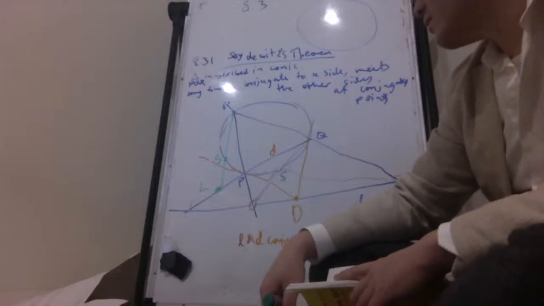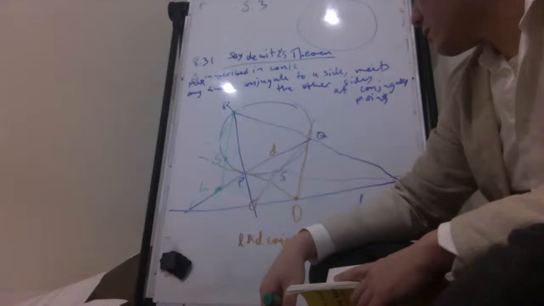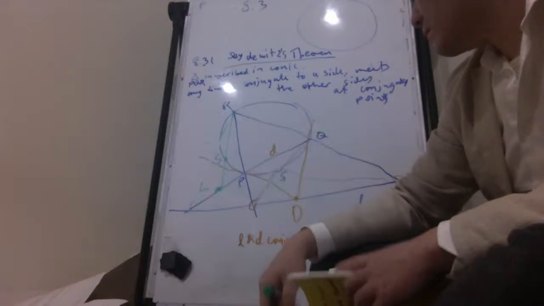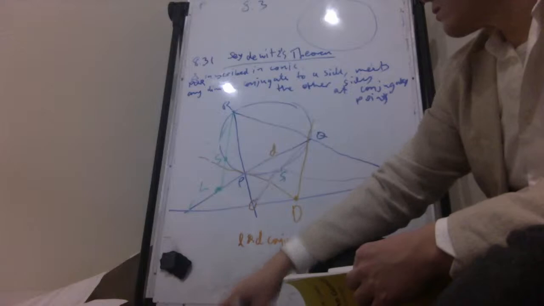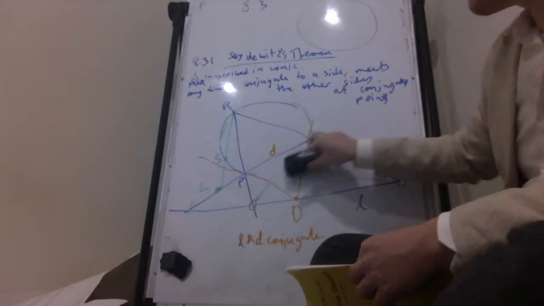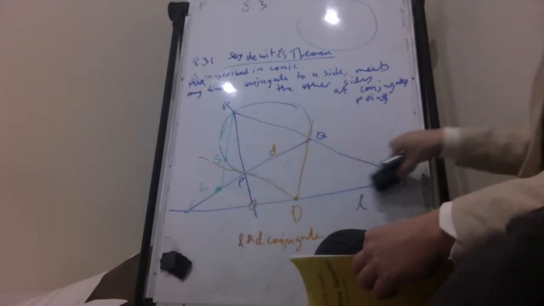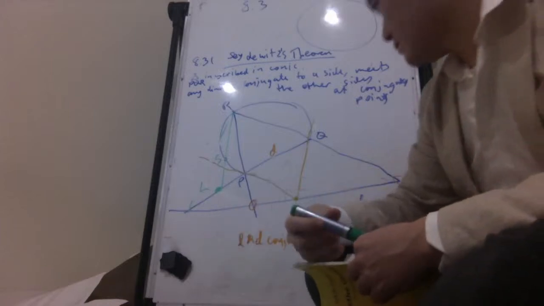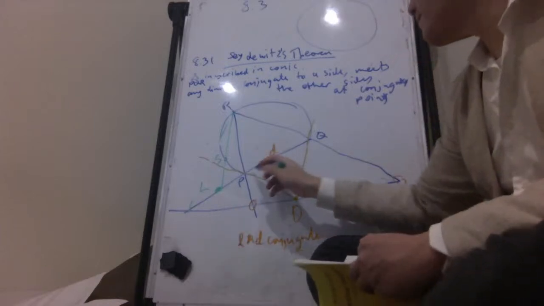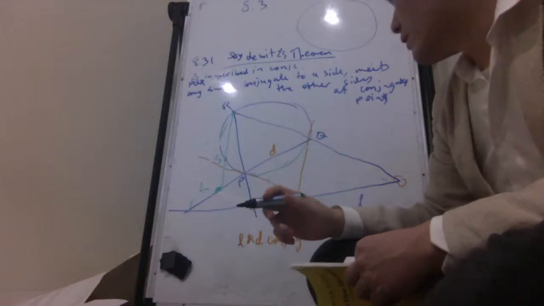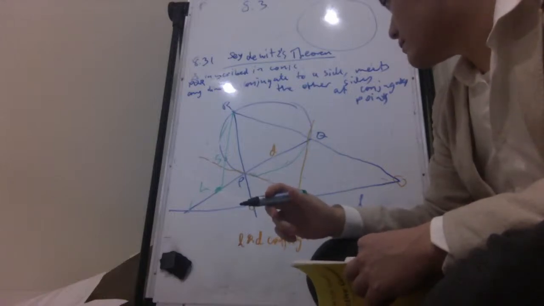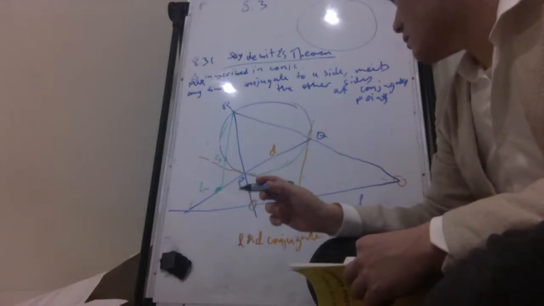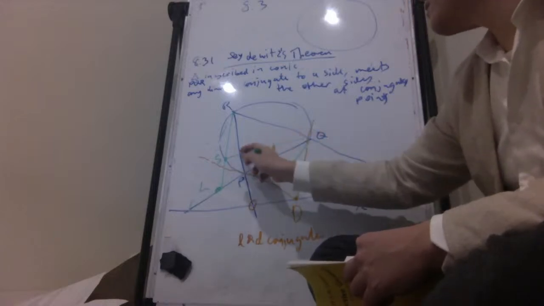I mean, it doesn't seem obvious from the way it's drawn, I guess. So ignore this part. If you want to find another diagonal point, for example, well, it's not going to be this one.